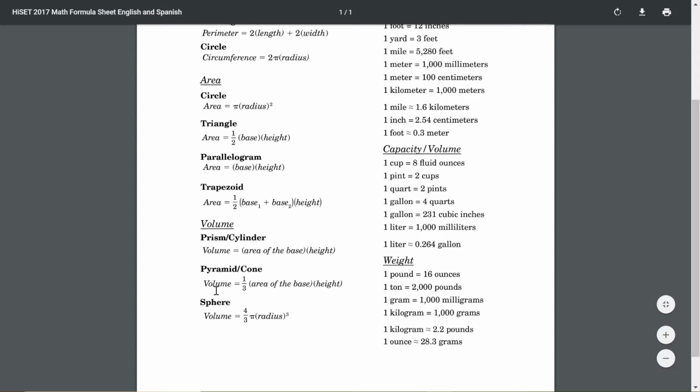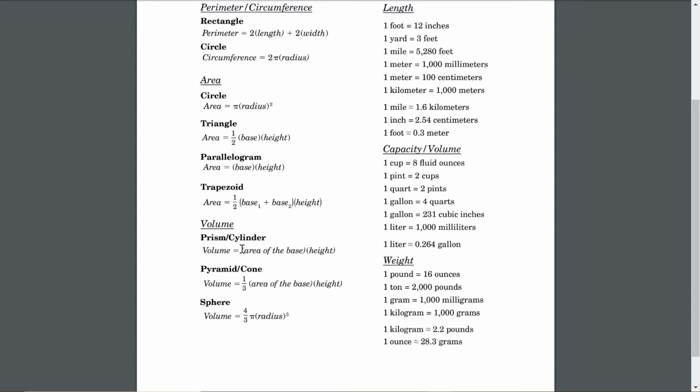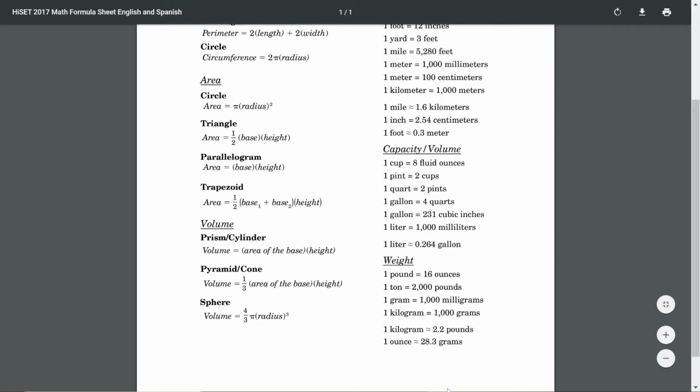Okay, right away we're jumping right in. This is a difficult problem. First we need to find the area of the base. For a cylinder, the area of a base is going to be the circle area formula, because the base of a cylinder is a circle.